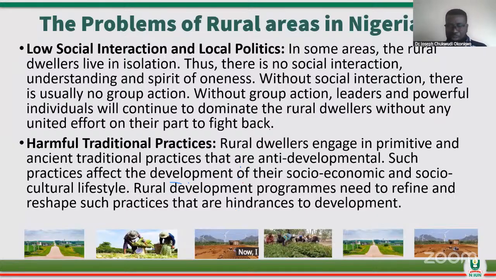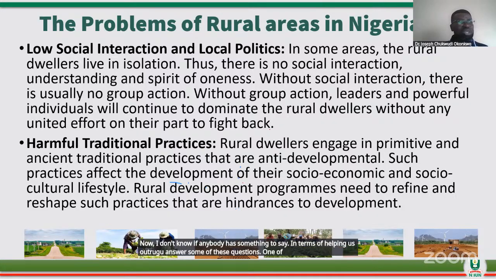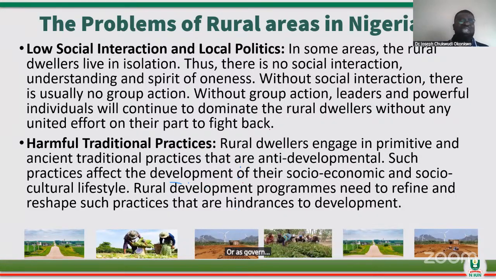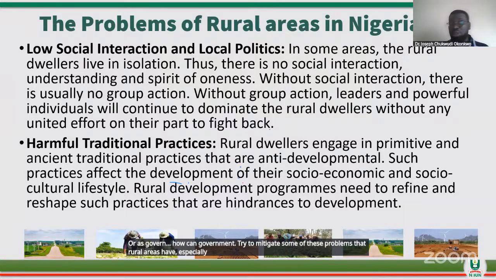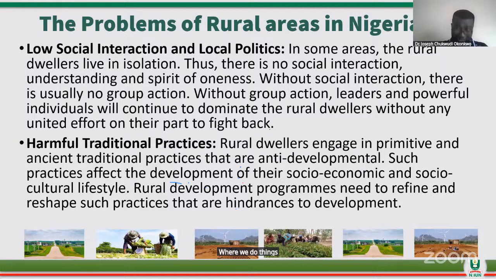Now, I don't know if anybody has something to say in terms of helping Uzochukwu answer some of these questions. One of his questions is how can government try to mitigate some of these problems that rural areas have, especially harmful traditional practices, where we do things that hurt ourselves, yet government is saying nothing to help us solve the problem we are having.